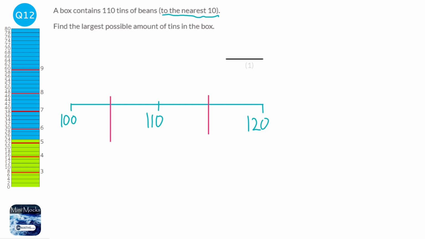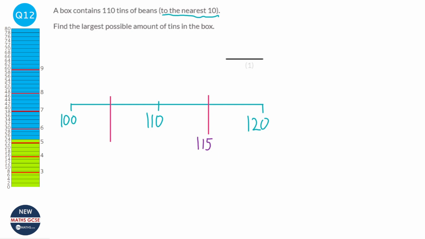Okay, so that's the cutoff point. If it goes above that cutoff point, it would have rounded to the next number up. So if the number was here, it would round to 120. If the number is on the cutoff point, which we can see is going to be 115, then we know it would round up.